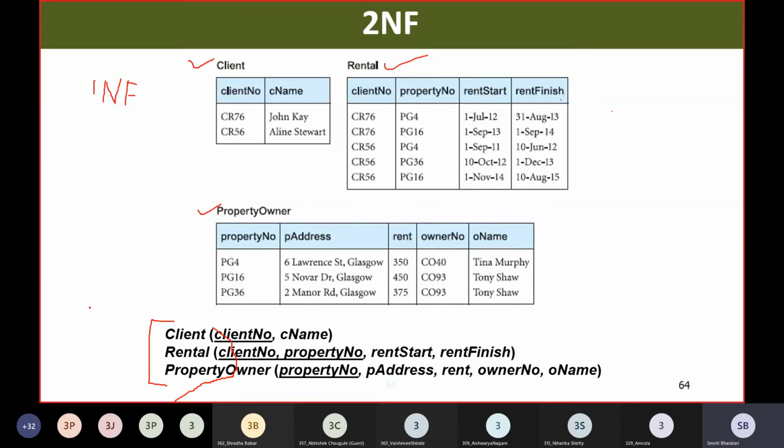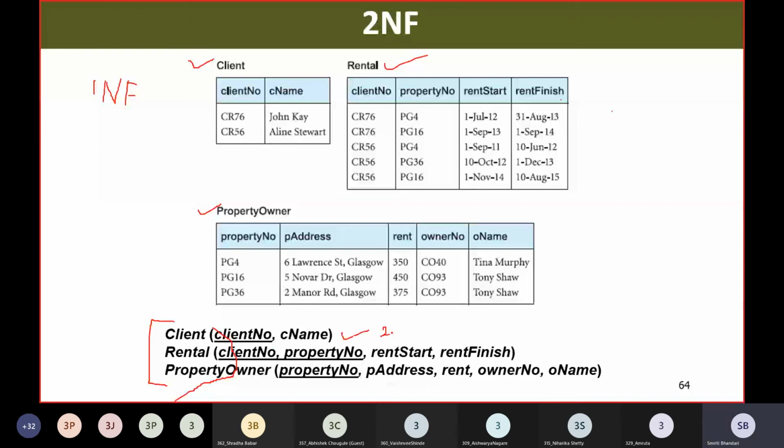And what does our second condition say? All non-primary key attributes must be fully dependent on the primary key. So for this relation, our primary key is client number, right? So the non-primary key attribute for the client relation is CNAME, and CNAME is dependent on client number.